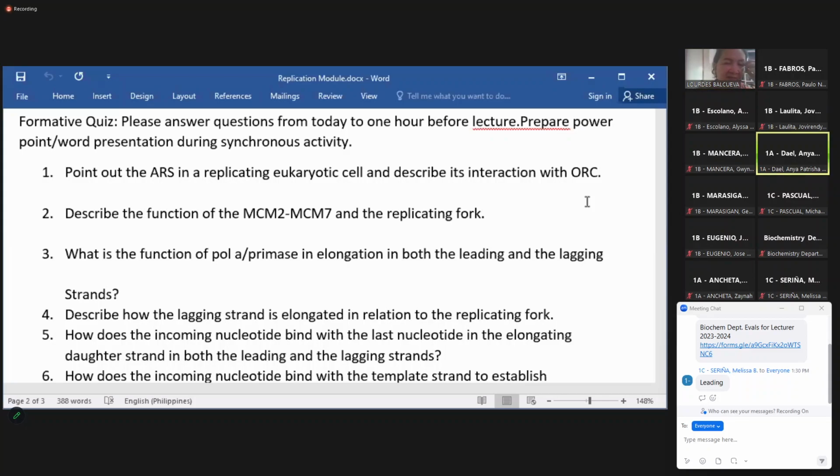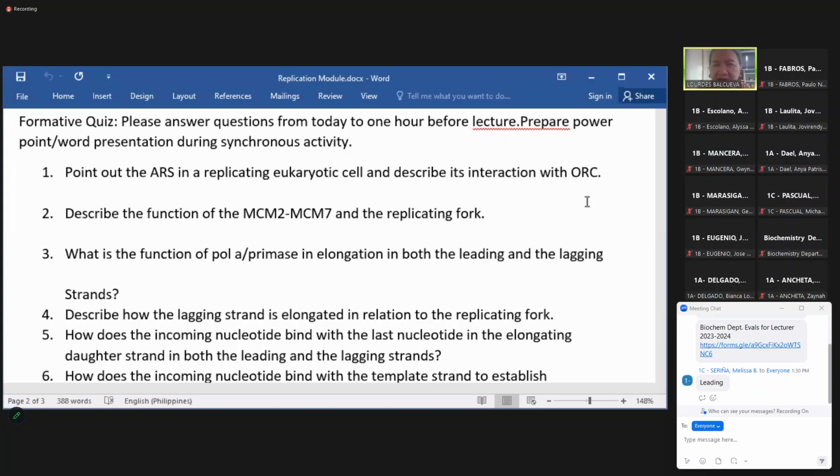So what is the composition of ARS usually? An 11 base pair sequence po. Of what nucleotides? Apat lang naman yung nucleotides, di ba? So, what nucleotides? Anyone? Doc, adenine and thymine po.